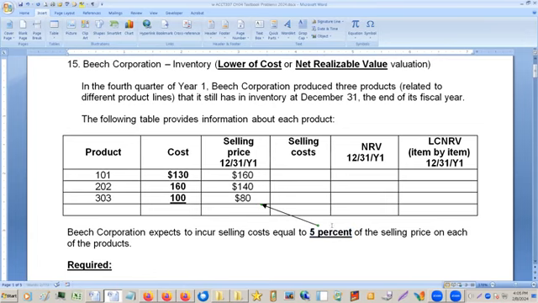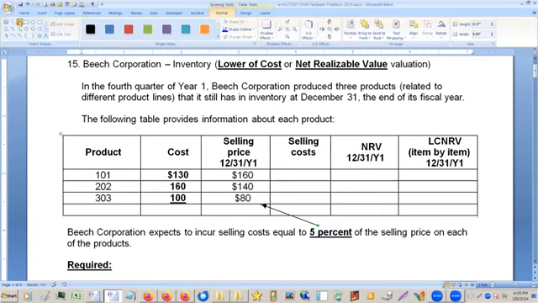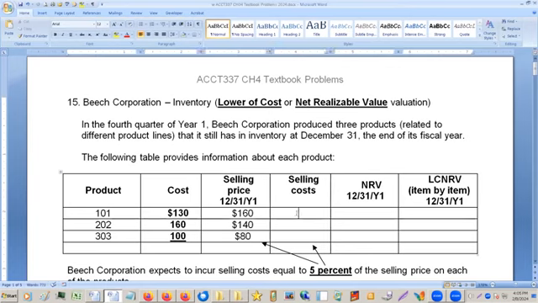So 5% of those we're going to put in there. Okay, so 5% of 160. For calculator.